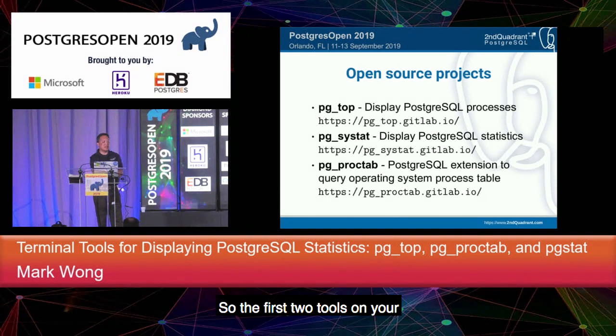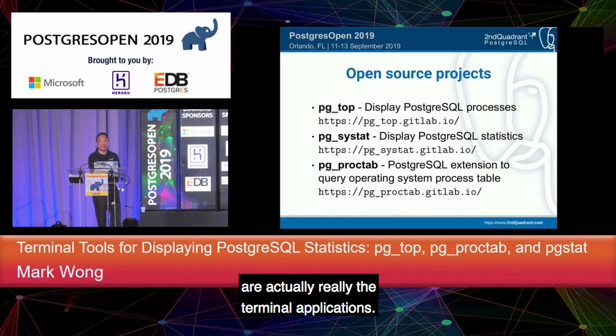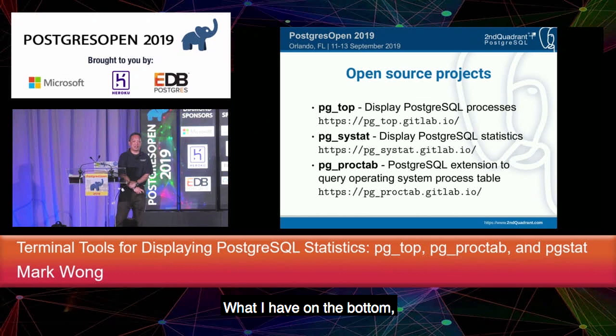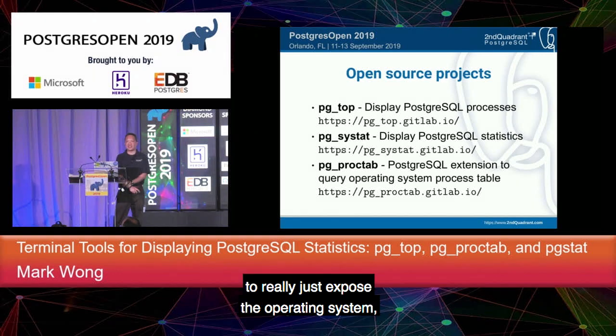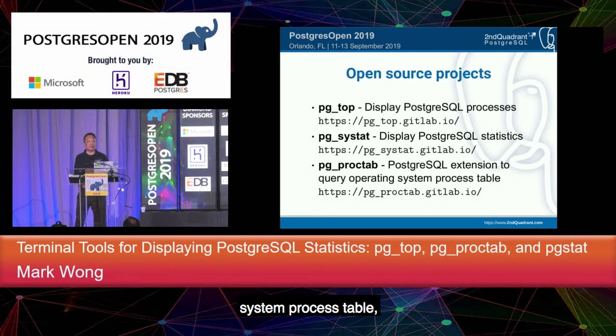So the first two tools on here, pg_top and pg_systat, are really the terminal applications. What I have on the bottom, pg_proctab, is an extension to Postgres to really just expose the operating system process table.